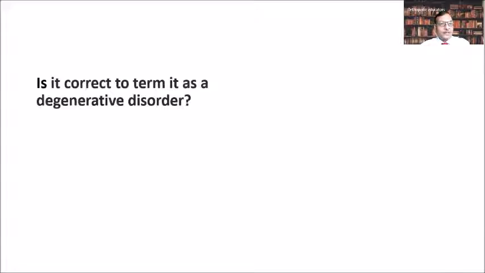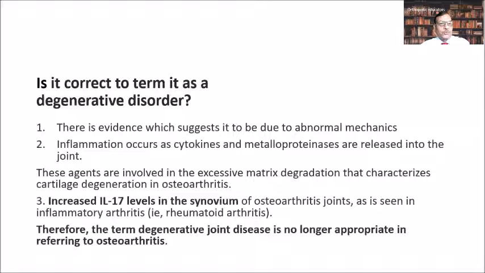Is it correct to term it a degenerative disorder? There is evidence which is contrary to that. There is evidence which suggests that it is due to abnormal mechanics more often than degeneration. Inflammation occurs through the cytokines that we have seen, and inflammatory IL-17 levels are increased in the synovium.